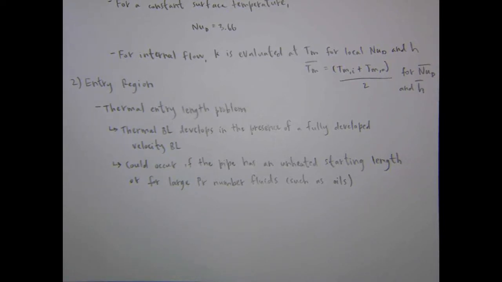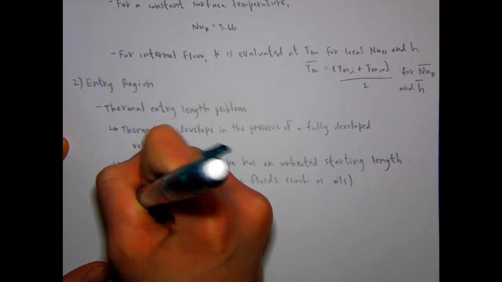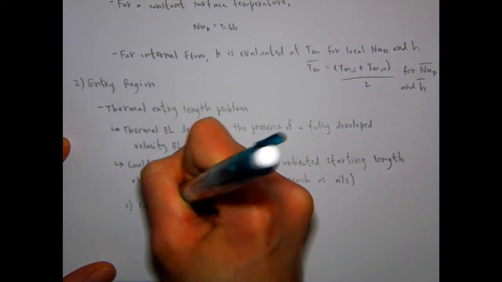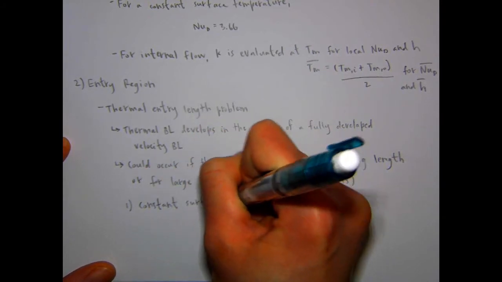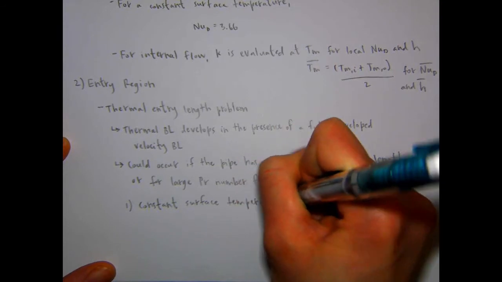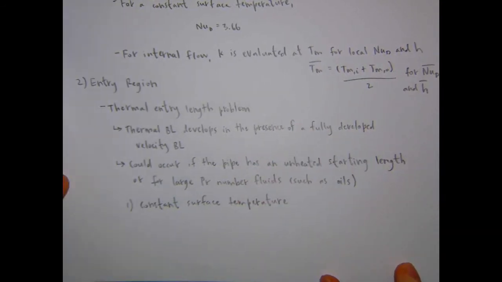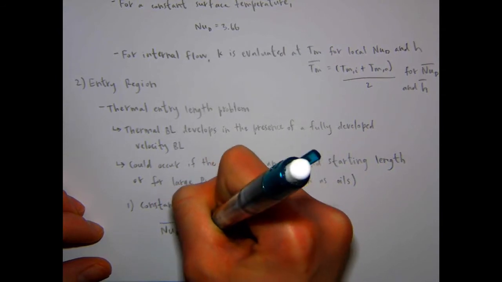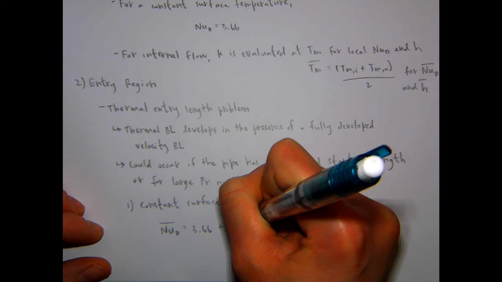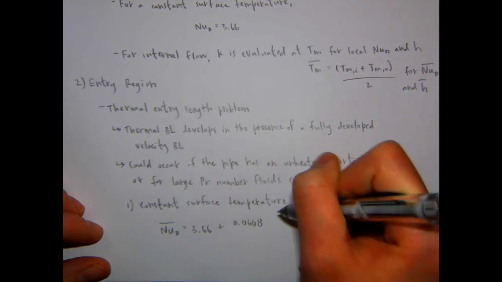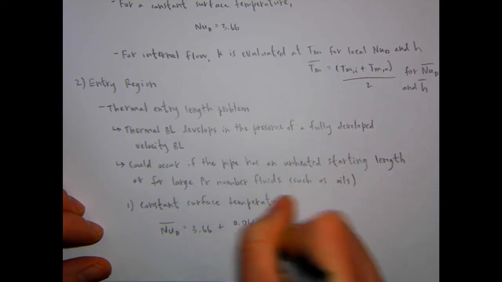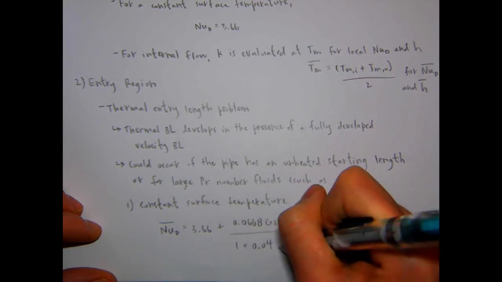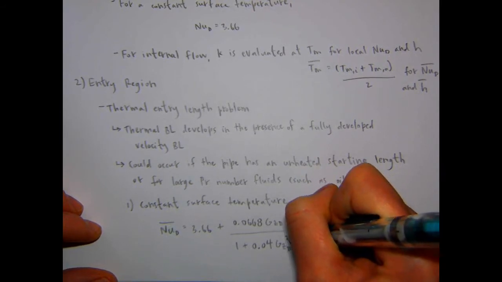So for the thermal entry length problem, for a constant surface temperature, the average Nusselt number is 3.66 plus 0.0668 times this Graetz number over 1 plus 0.04 times the Graetz number to the 2/3.